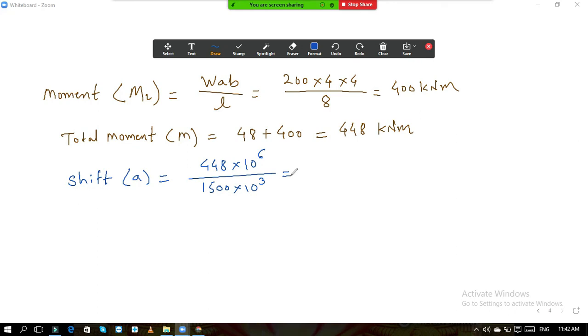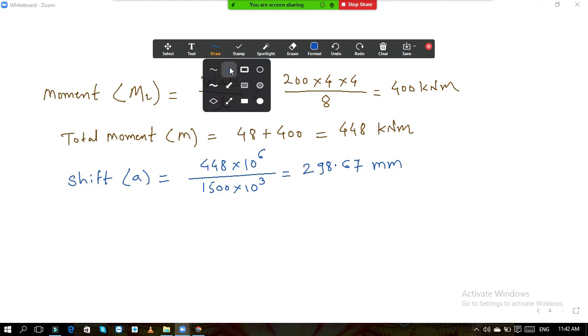So it is 448 into 10 raised to 6 divided by 1500 into 10 to the power 3, so it is 298.67 mm.